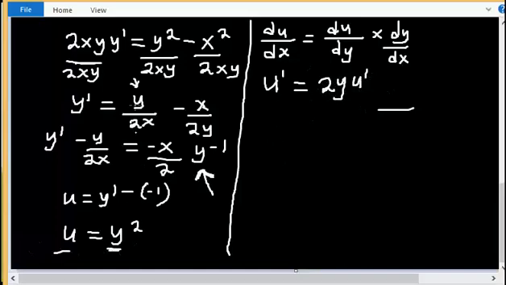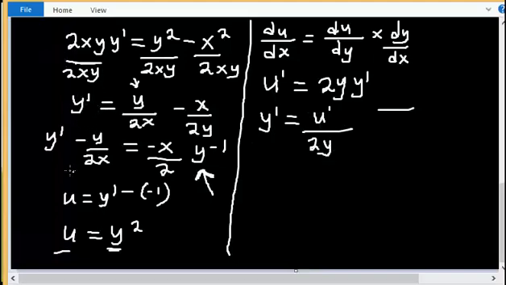Number two is that I still need to get my y prime, because I'm replacing both. So I want to make y prime the subject. So y prime is going to be u prime divided by 2y, because I have to replace that in the equation.